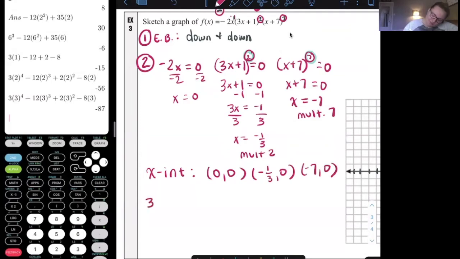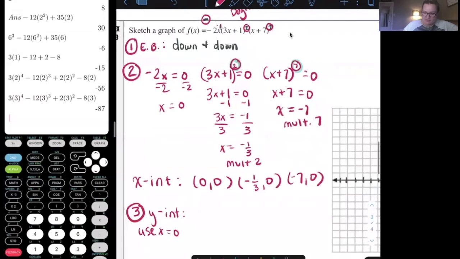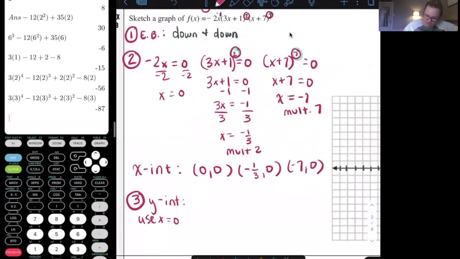Then step 3, find your y-intercept. Remember, use x equals 0. So I'm just going to plug in 0 to the original function. So f of 0 is equal to -2 times 0 times (3 times 0 plus 1) squared times (0 plus 7) to the 7th.